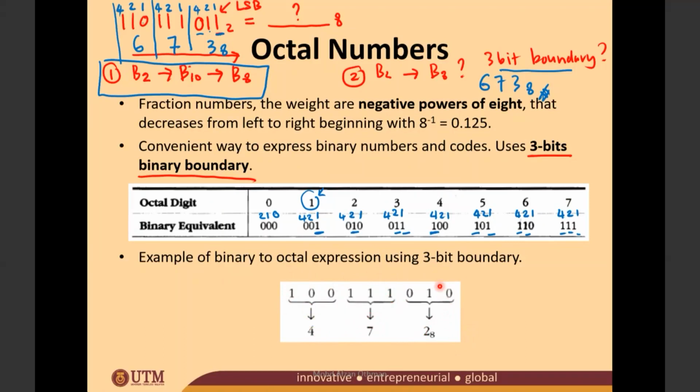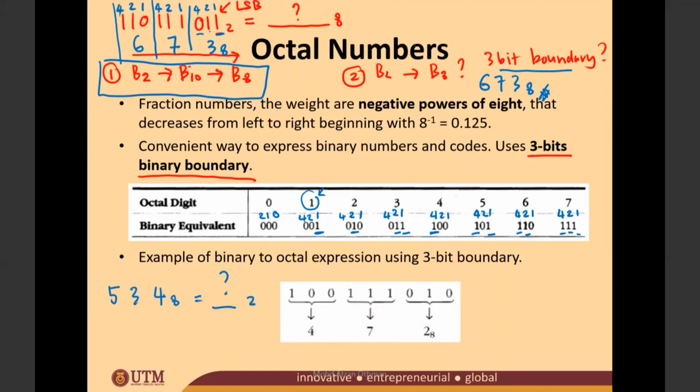Yang ni kita dah buat dah daripada octal nak tukar kepada binary. Binary ke octal pun sama, octal ke binary pun sama. Contoh kamu ada macam ni. Okay, saya tulis 5, 3, 4 asas 8. Nak tukar kepada asas 2.